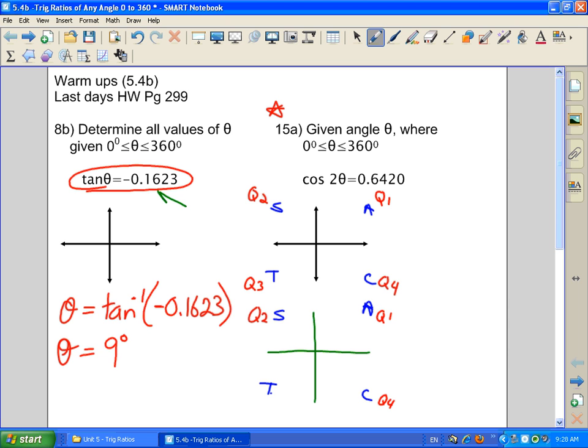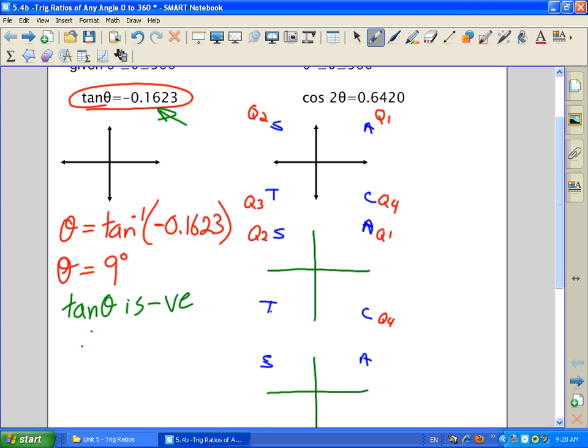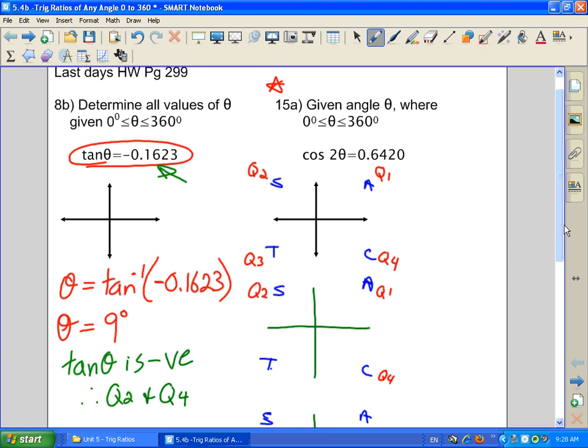In this question, notice that tan theta is negative. Therefore, what quadrants are we going to draw our reference angles in? So therefore, we got to be in quad 2 and quad 4. So now that we know our reference angle theta is 9 degrees, we can now figure out our values that correspond to that, because theta is our reference angle, so we're going to use that to help us figure out our angle.